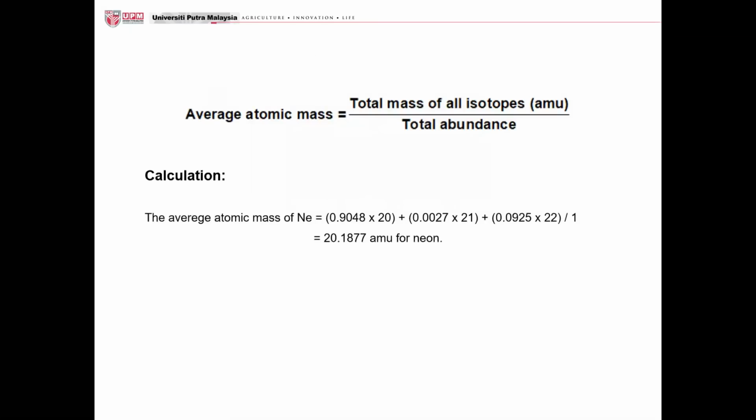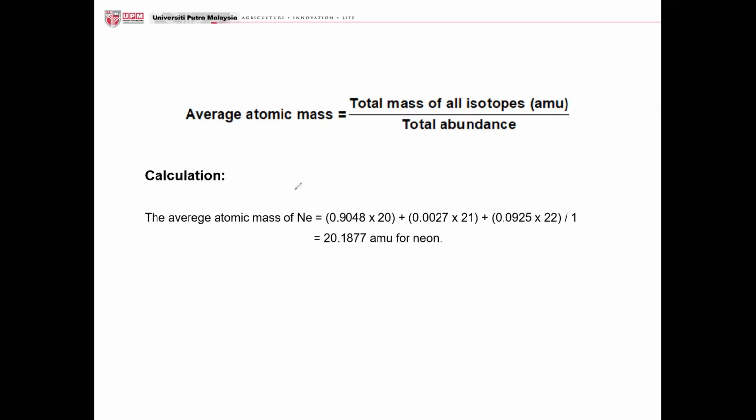Then how do we calculate the average atomic mass from the isotopic abundance given? We can use this formula. Average atomic mass is equal to the total mass of all isotopes in AMU divided by the total abundance.